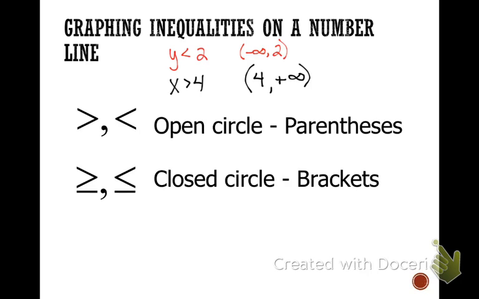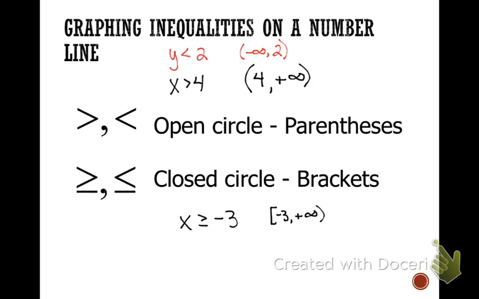It works the same way with closed circles and brackets, or the greater than or equal to. So even if it's x is greater than or equal to negative 3, I'm going to write this: I'm including negative 3, and I'm going towards positive infinity.